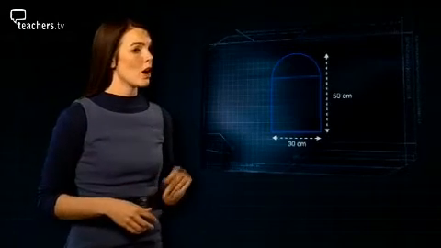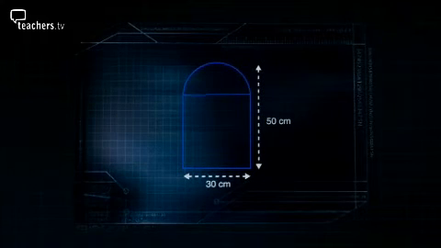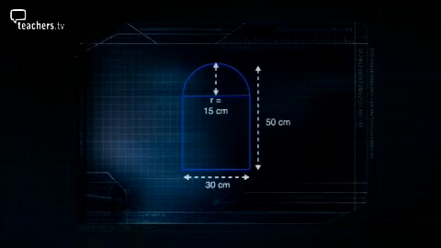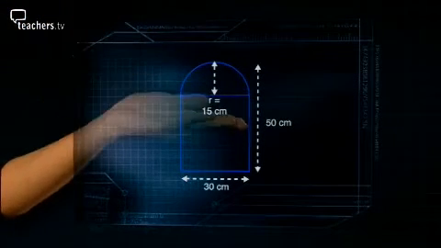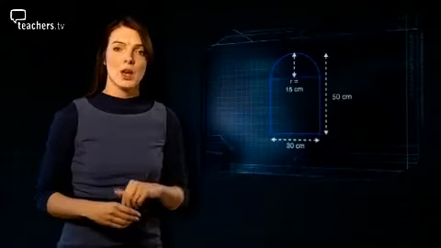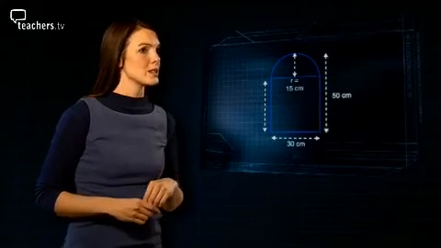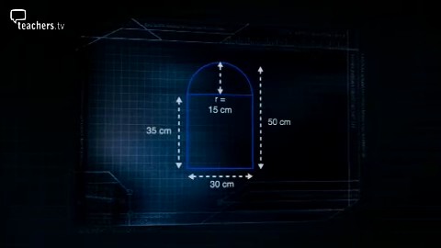Simple. So the whole arch is 30 centimetres across and 50 centimetres tall. We know that the radius of a circle is half the diameter. So with the semicircle, that means that it's 15 centimetres tall. But to work out the height of the rectangle, let's just take the 50 centimetres, take away 15, and that gives us 35 centimetres.